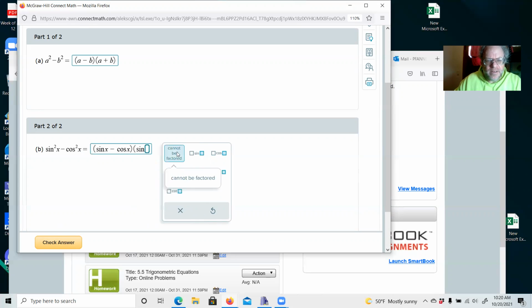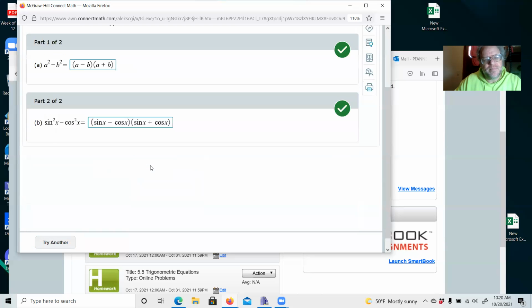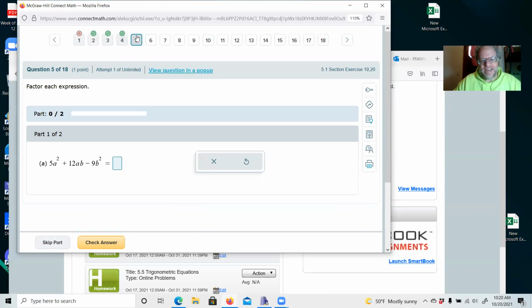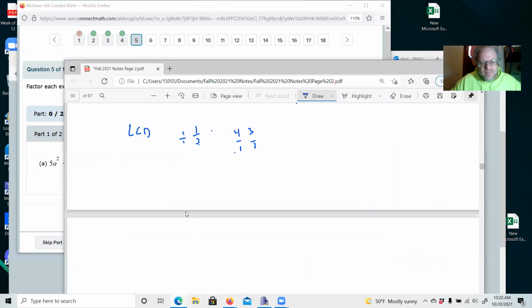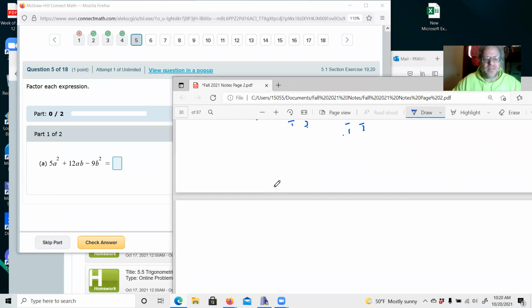We want sine x plus cosine x. Difference of squares, that's all they want. You can see there are 18 of these things, and that sucks, but this is a good one, and a lot of them are one or two shot type problems. You should not have problems with this.